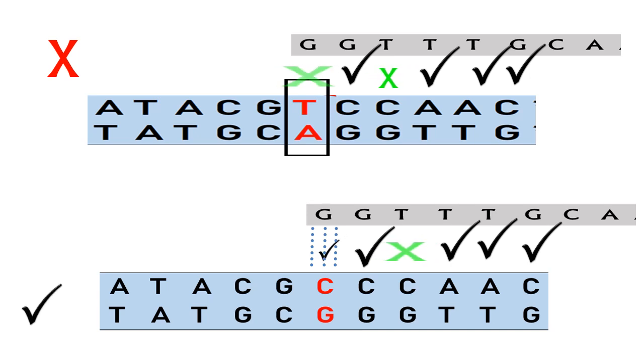And this will work as shown by the tick mark. So this is how a primer works, and this is how a primer does not work. This is the same primer applied to different DNA molecules. One DNA molecule is not amplified, but the other DNA molecule is amplified.